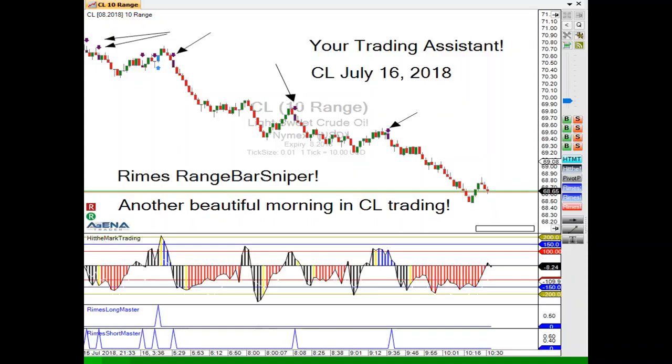Let me get my pointer here. We had one little sell signal here. That's my clock over there. We had one little buy signal here. I see that.